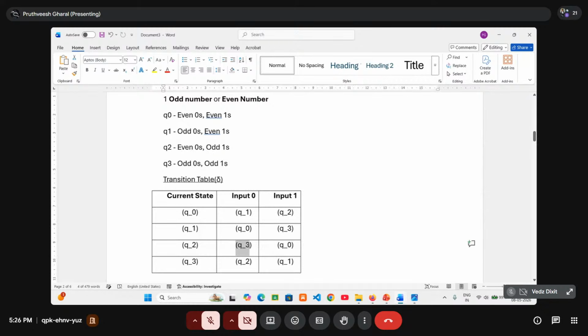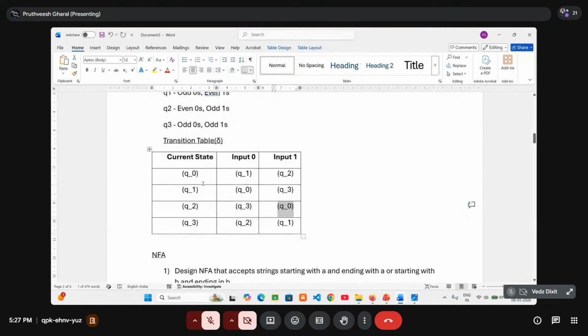When it sees another zero, it has odd number of zeros and odd number of ones. But when it encounters an input one, there are even number of zeros and even number of ones. So this transition table includes what we have discussed.